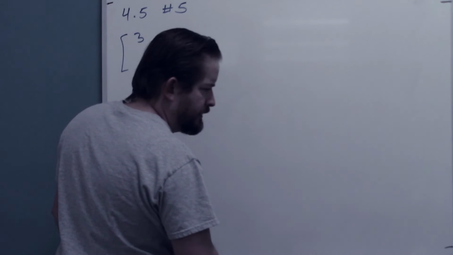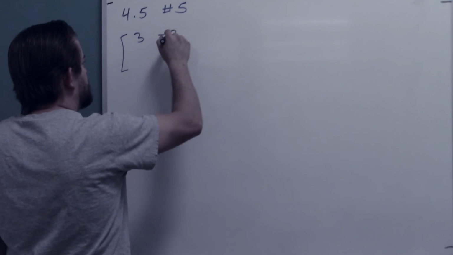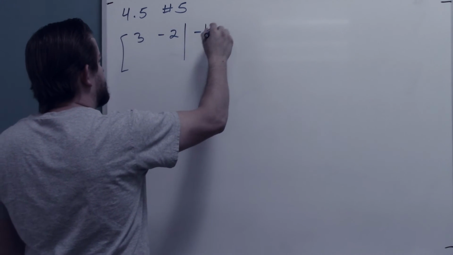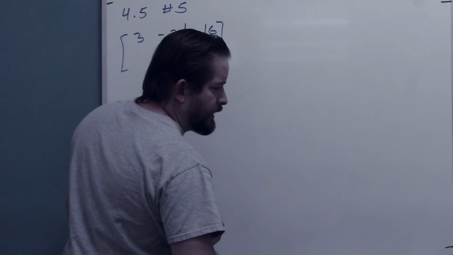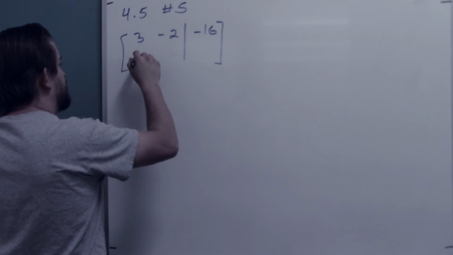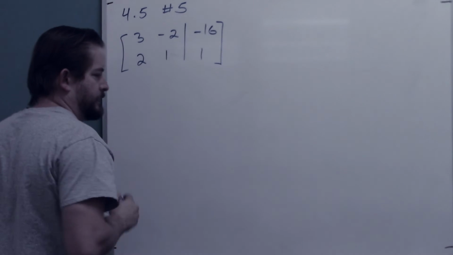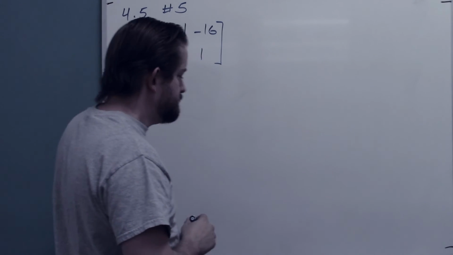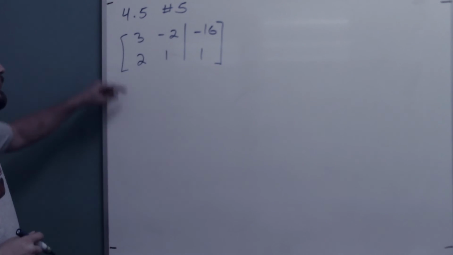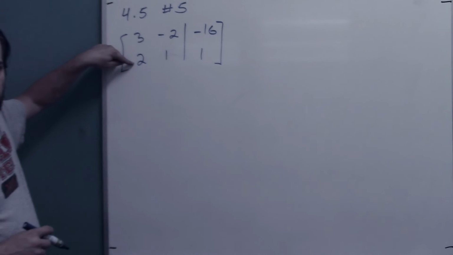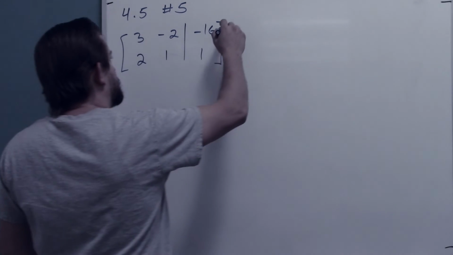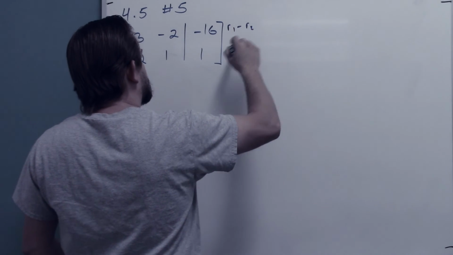3, -2, -16, and 2, 1, 1. Okay. All right. So it's easy to take 3 minus 2 and get a 1, so I'm going to do that. That's row 1 minus row 2.